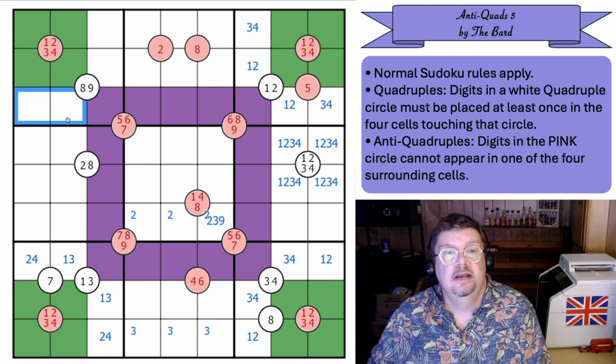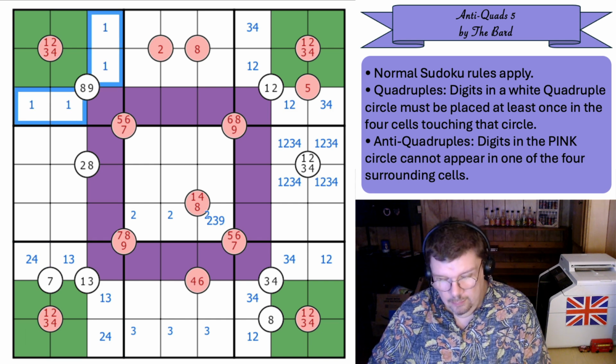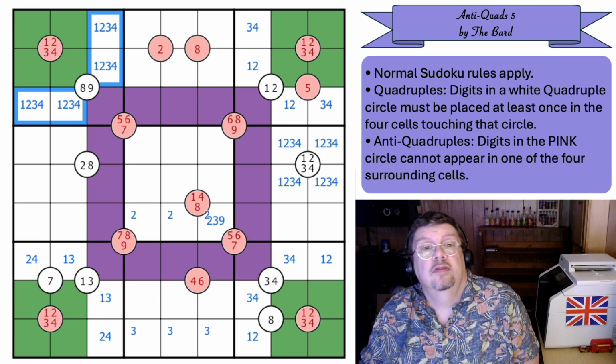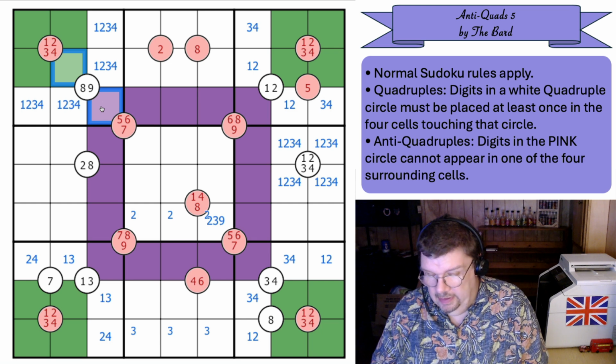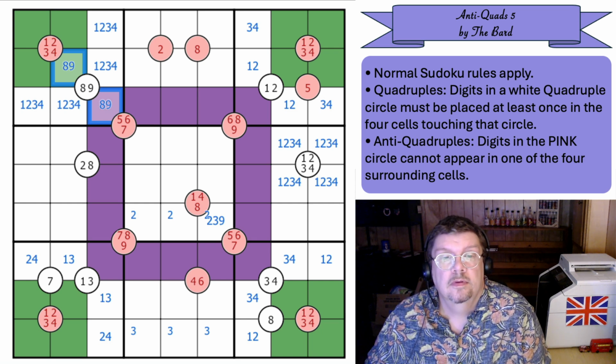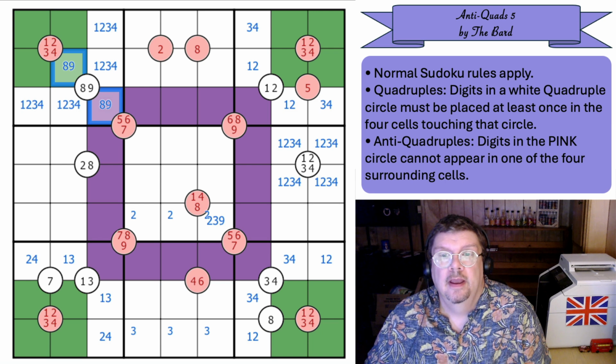And then these are 1, 2, 3, and 4, and I don't think I know how they are going to fit. But I do know that that'll be 8, 9. Okay.